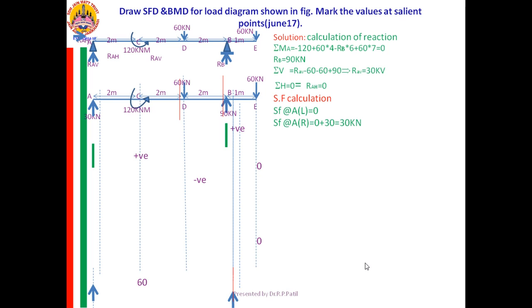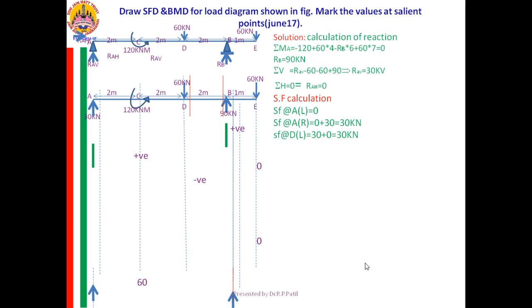Between A right and D left, is there any vertical load? No. Therefore, SF will not change. So SF at D left is equal to 30, already 30 is there, no change means plus 0, equal to 30 only.